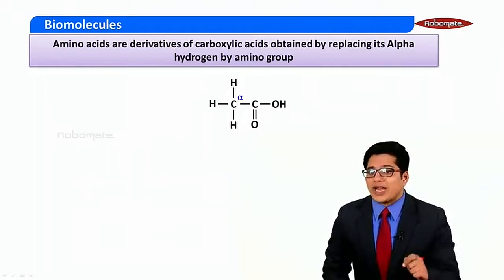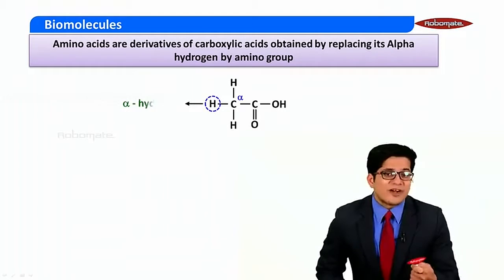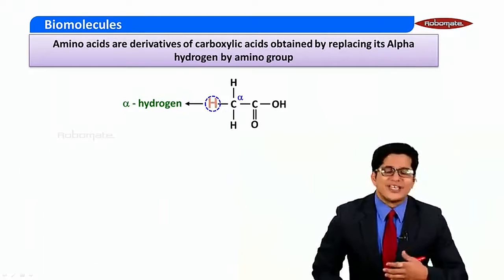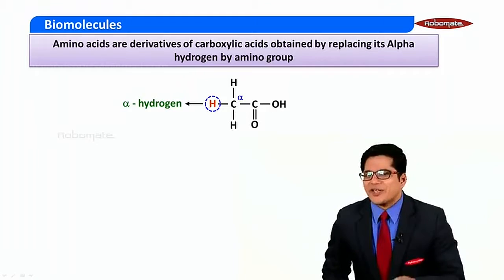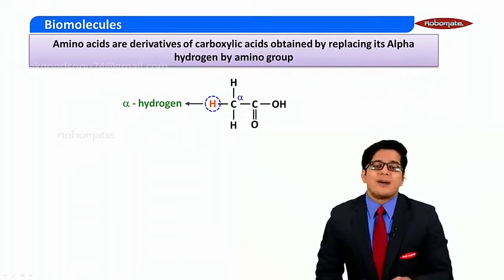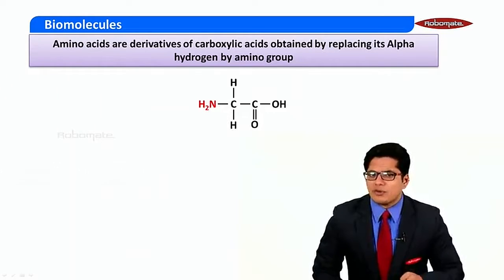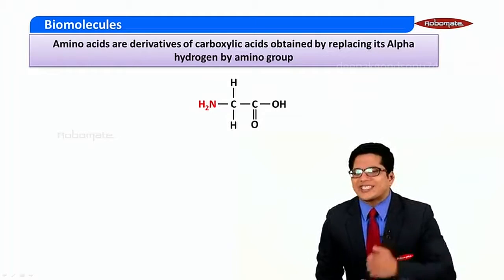We are taking one alpha carbon to which there is an alpha hydrogen which is attached. Now, our aim is removing this alpha hydrogen and instead of it putting an amino group. So what would happen if I place an amino group over here? I get a compound that is nothing but my amino acid.